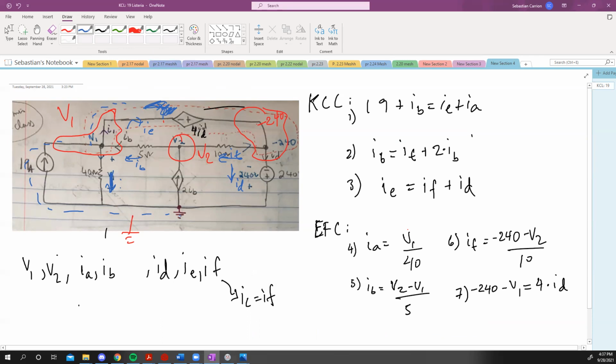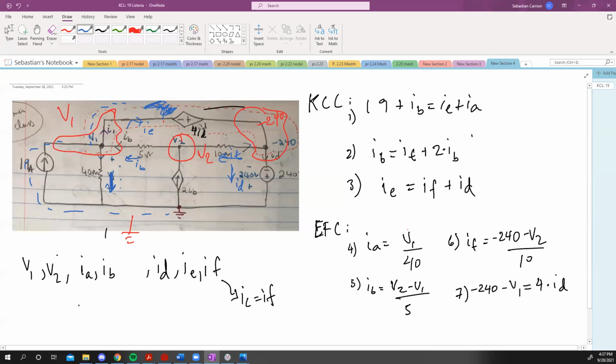What the professor did was the KCL for V1, and he got 19 plus IB minus V1 over 40 minus I1, which we needed to introduce at the top, which you labeled IE, to solve for it, because we can't just do the KCL with that dependent voltage source there.